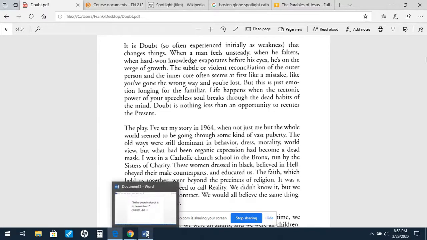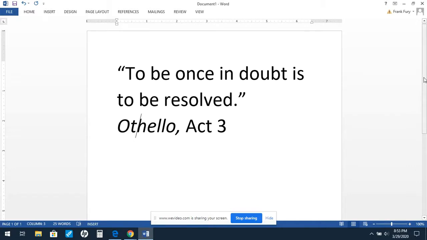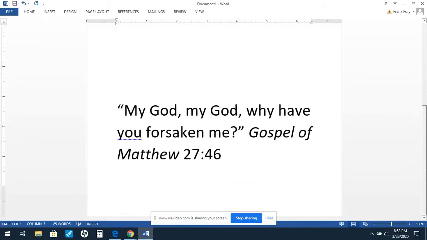Another biblical reference that we should keep in mind is a famous moment when Jesus is on the cross. Most of us don't always think of this line, but it is an important line that Jesus utters not too long before he dies.